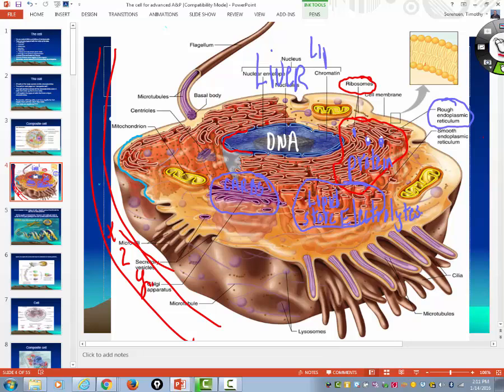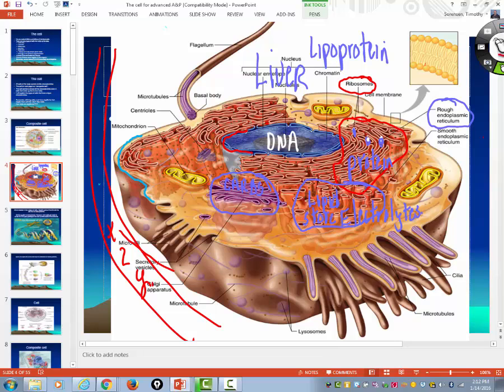Cholesterol is a lipoprotein. That lipoprotein is made up of fat and protein. So the DNA is going to signal the rough endoplasmic reticulum to begin to build the protein portion of that lipoprotein. Then you make the fat portion in the smooth.